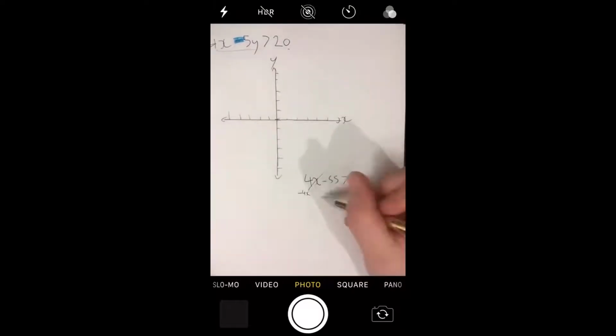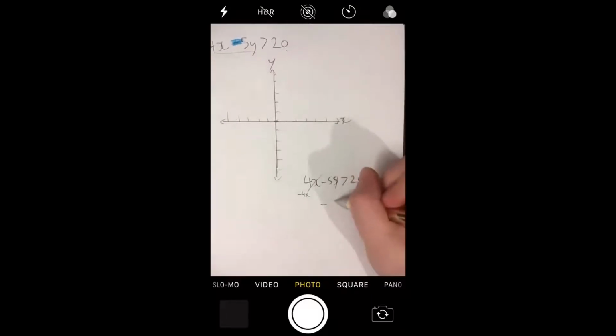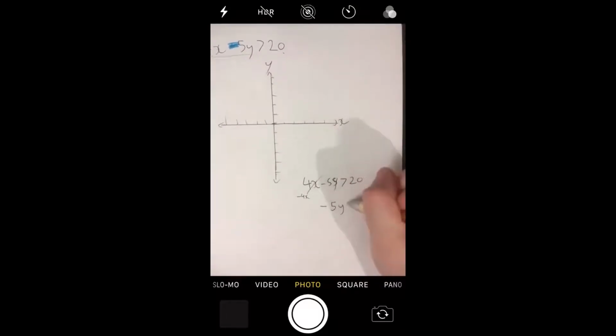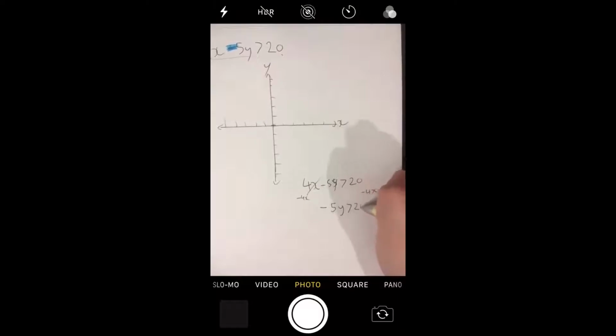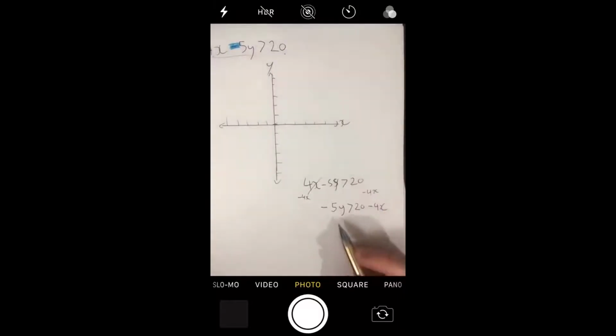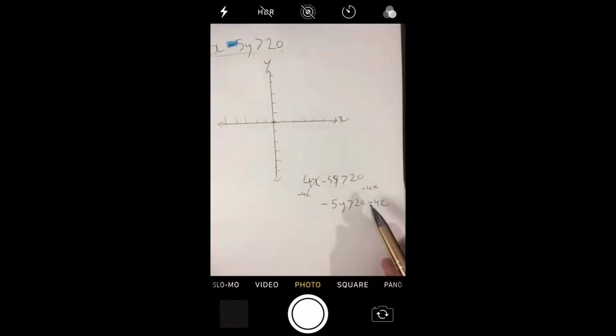And that's going to give me negative 5y must be greater than 20 minus 4x. And so far, that's fine. I can move terms from one side to the other. What I'm going to do now is I'm actually going to save one of these steps to the very end, but I'm going to show you. I'm going to divide both sides by 5.